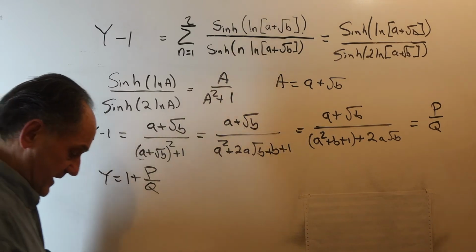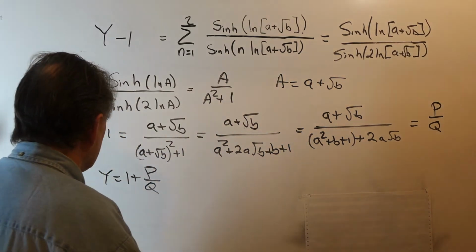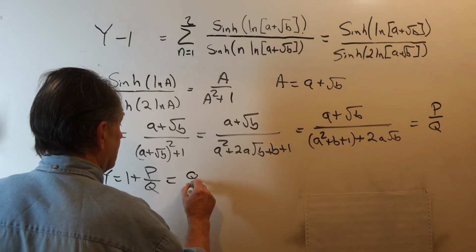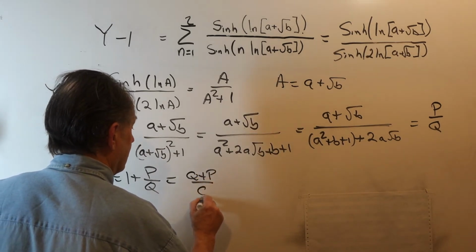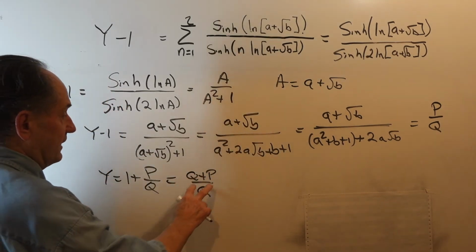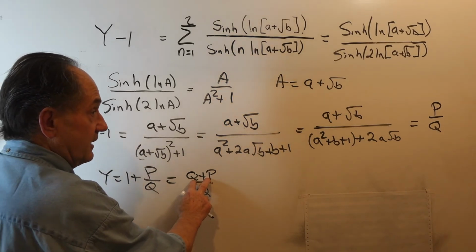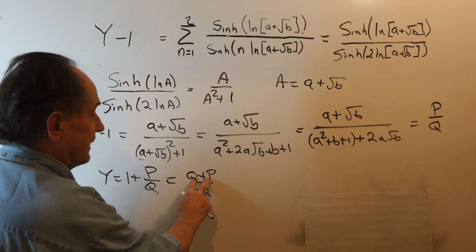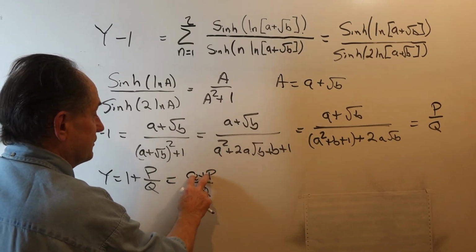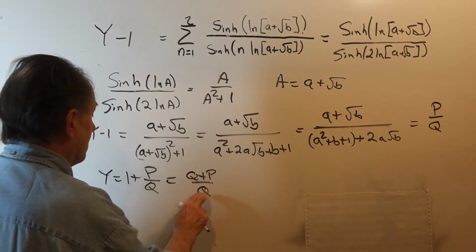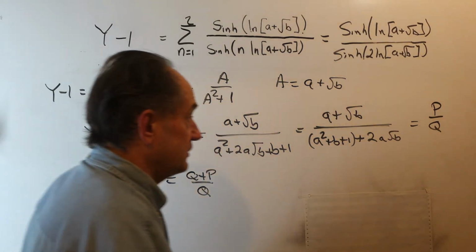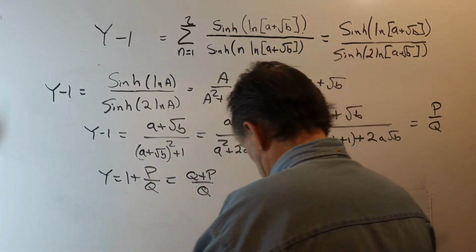That's what I was just saying here. So this would be of the form q plus p over q. Q and p are integers, so an integer plus an integer. Integers are closed under addition, so p plus q is an integer, so we have an integer over an integer, so y will be rational if p and q are rational.